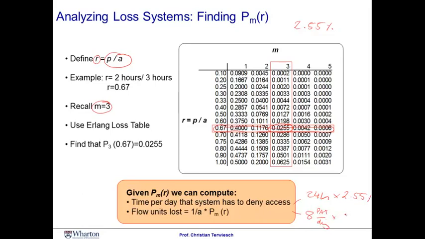If you multiply this with 2.55%, you'll figure out how many patients we lose. Similarly, if you take 1 minus that probability, you can figure out how many patients we have served. Again, figuring out this probability is at the heart of dealing with these types of loss problems.